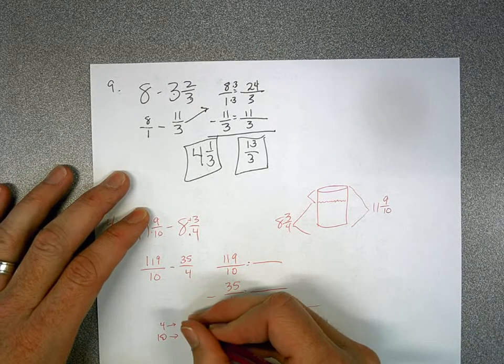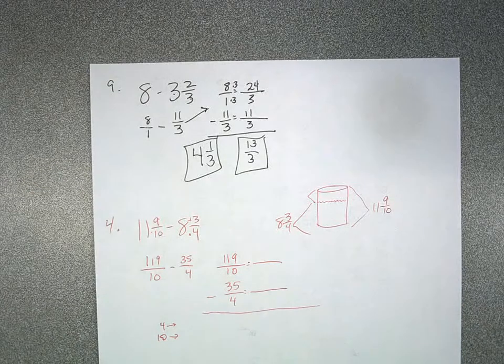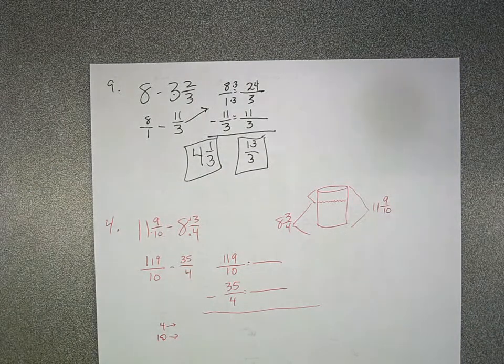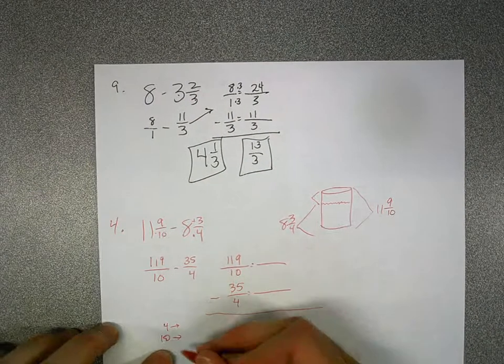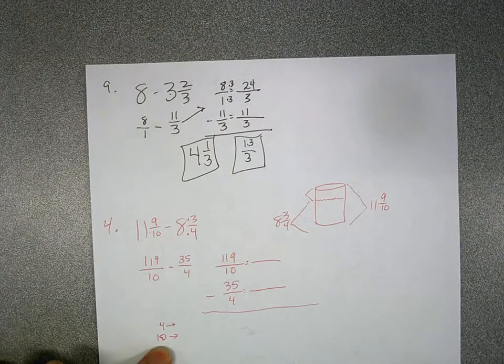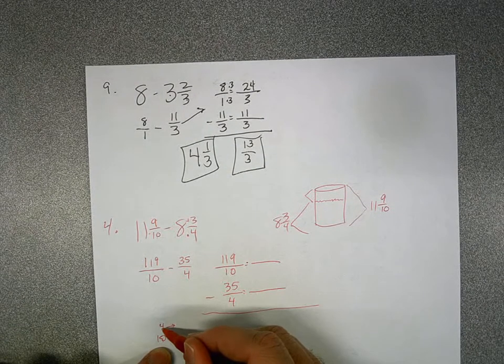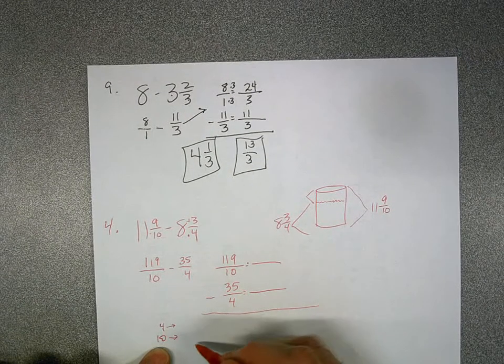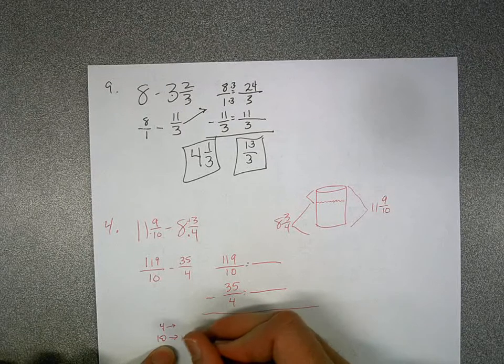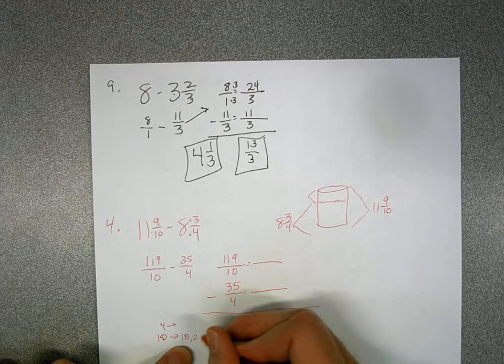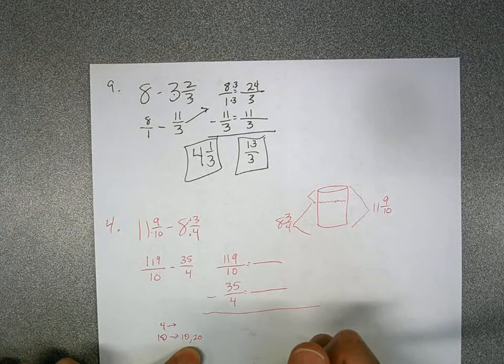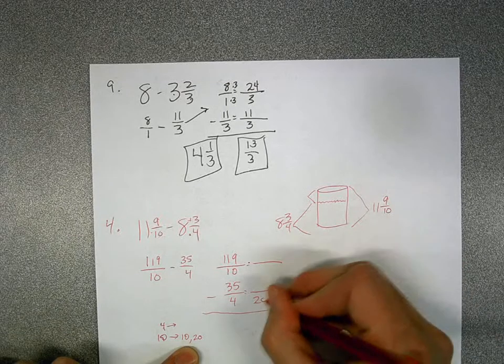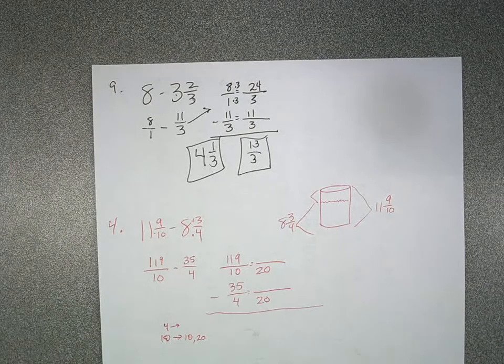As a matter of fact, I haven't shown you guys this, but sometimes the best way to do this is take the larger number and just list its multiples out, and then double check it with the smaller one. So you don't have to list both of them. It saves you a little bit of time. 10 times 1 is 10. Doesn't work. 10 times 2 is 20. 4 going into 20? Yes. Absolutely. Saves us a little bit of extra time on reducing at the end.